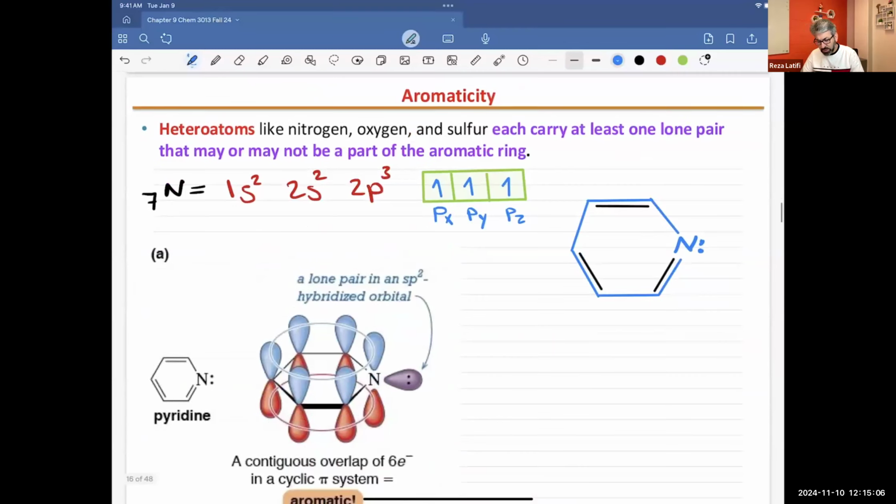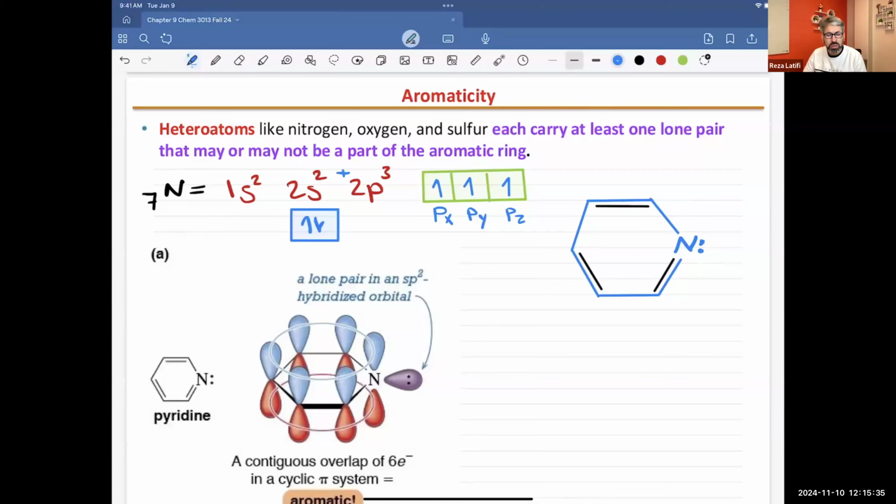Okay. Now that you know the orbitals, let's write the electron configuration of nitrogen: 1s2, 2s2, 2p3. Nitrogen has 5 valence electrons, so 2 plus 3, we get 5. The p orbitals have 3 electrons in them, and each orbital is singly occupied. The s orbital is already fully occupied, and it has 2 electrons in it.